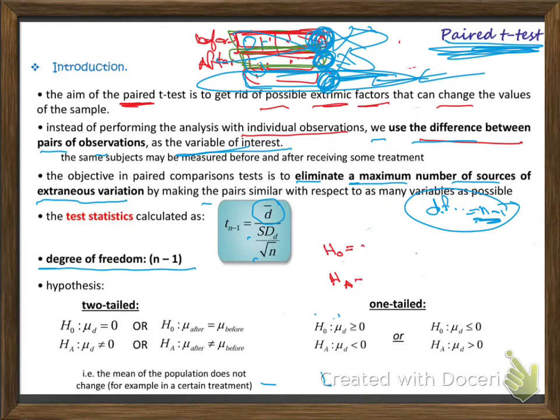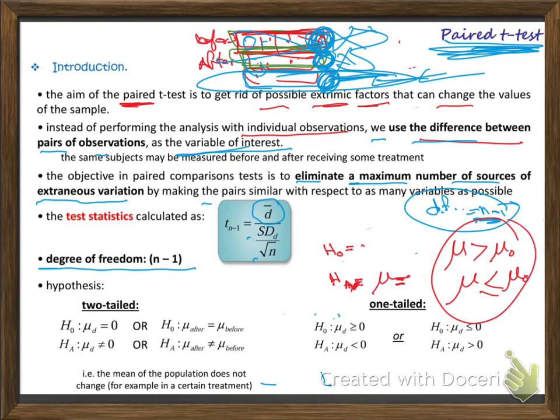Except if the H alternative is mu equal to something, we are not going to use it; we have to use it if we have the option of equal and not equal. So if it is greater than mu naught or less than mu naught, in these two cases we will always use H alternative.